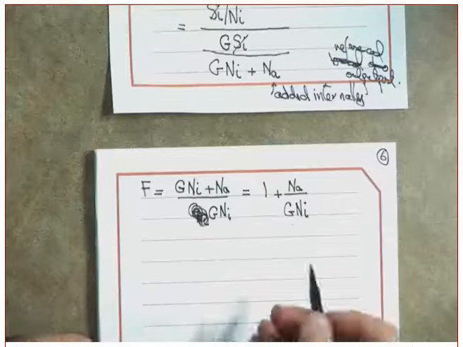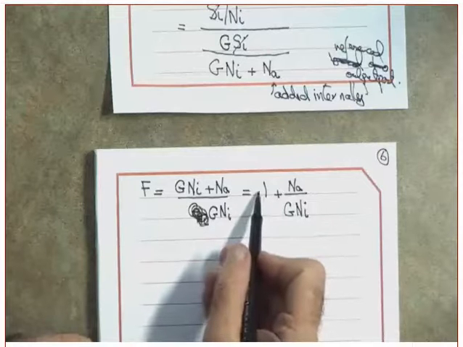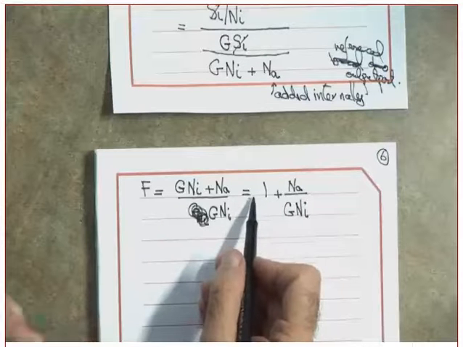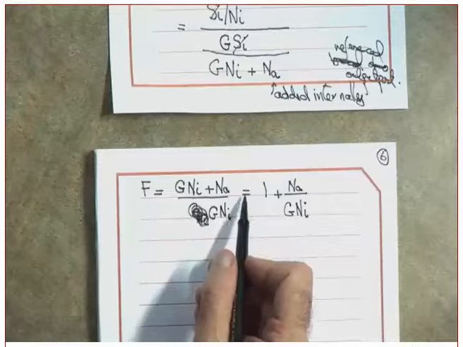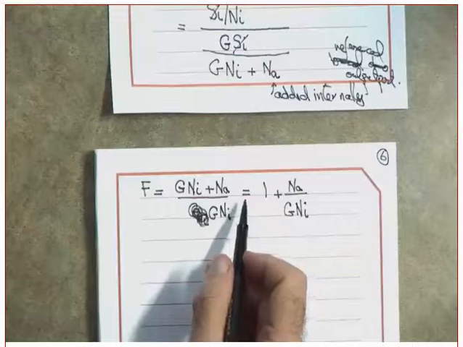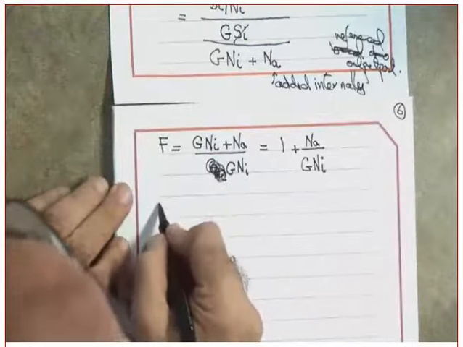Clear? Okay. Now, by the way, what does that tell you? It tells you that the noise factor is greater than one. You are not going to get improvement on the signal to noise ratio. The best thing you could do is that there is no degradation, no noise introduced by the device. Okay. Can I bring this one to this side? So what do I have?